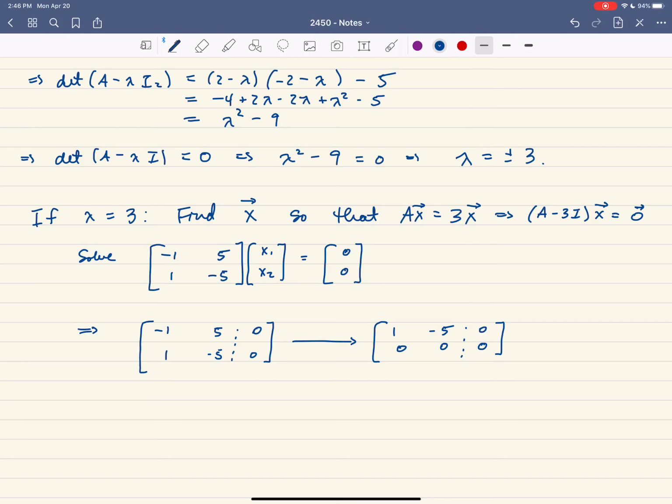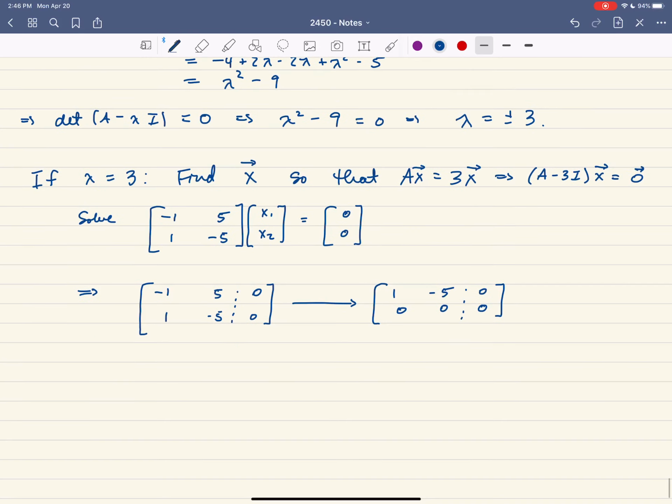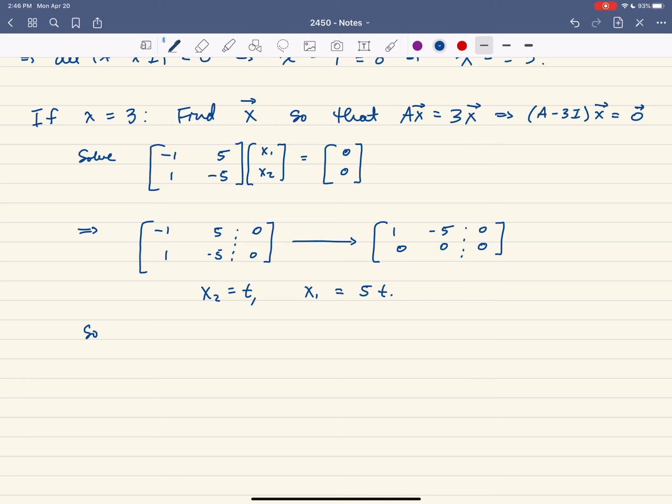And if we wanted to write all of the solutions, we could parameterize this by letting, say, x2 be t, and then x1 would be 5t. So our eigenspace corresponding to lambda equals 3, remember, this is the set of x values where A minus 3I times x is equal to 0.